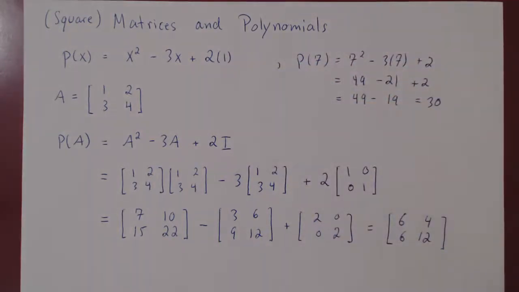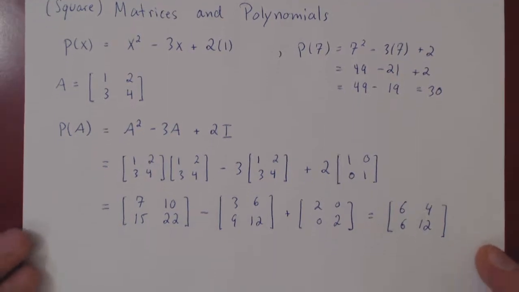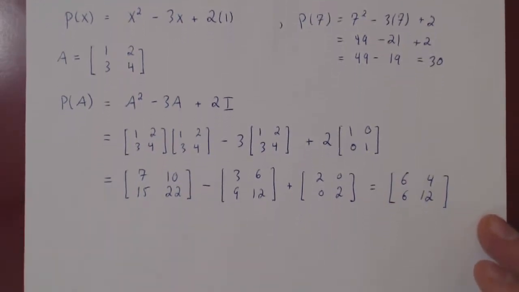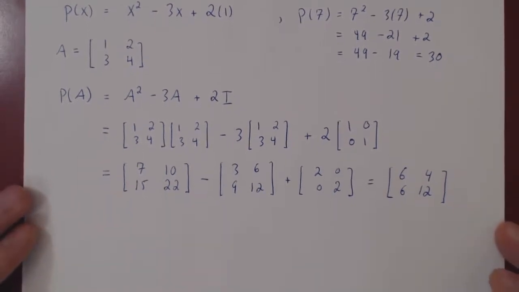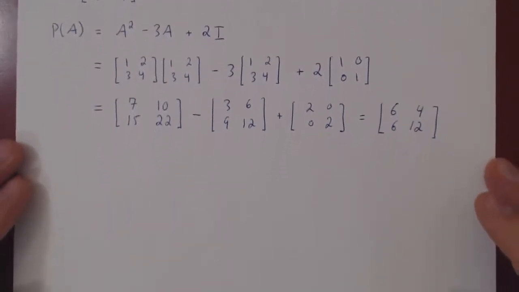Let's look at one last short definition, that is the root of a polynomial. If you remember, the root of a polynomial is a zero. Well, we can make the same kind of definition for matrices.